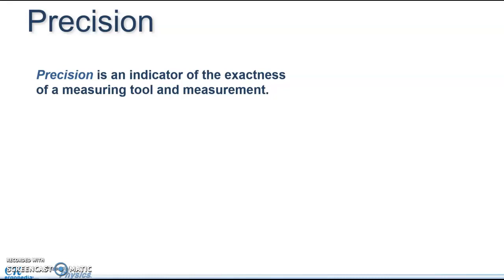You may have noticed this in your own day-to-day life, where perhaps you've used a scale to weigh yourself. I've had scales before where I would get on the scale, weigh myself one time, get off the scale, get on again, and I would weigh something different every time I got on the scale. And perhaps that's an indication that that scale's not particularly precise.